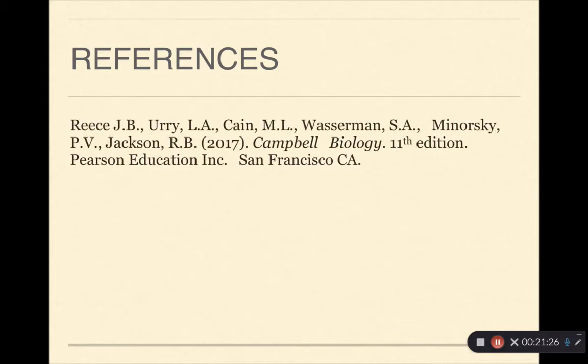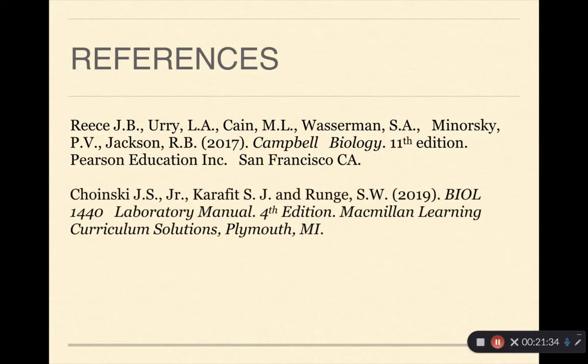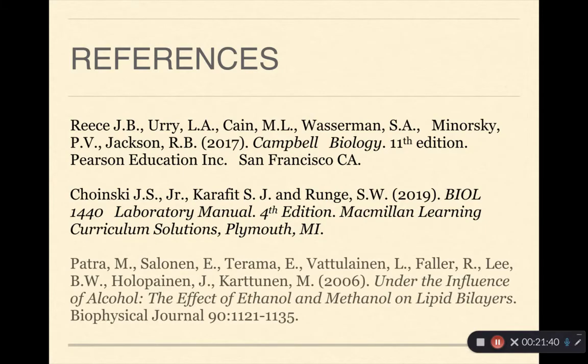All right, now, references or literature cited. Here is a reference to a textbook that is a secondary source. Here is a reference to the lab manual. Again, a secondary source. Here's a reference to a paper from a journal. Primary source.